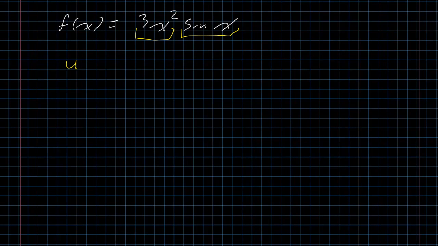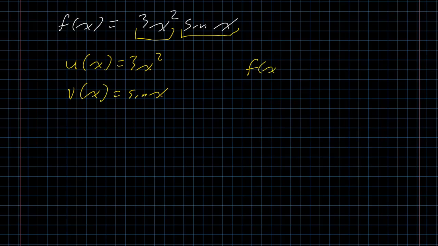So if I set one function, I'll use u of x is equal to 3x squared, and v of x is equal to sine of x, then f of x is equal to u times v acting on x. This is the direction that is more important at this point. I expect you already know that if I gave you u and v in this form, you could multiply them together, you could get the thing that we started with.